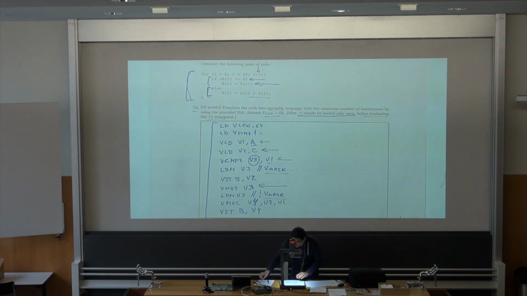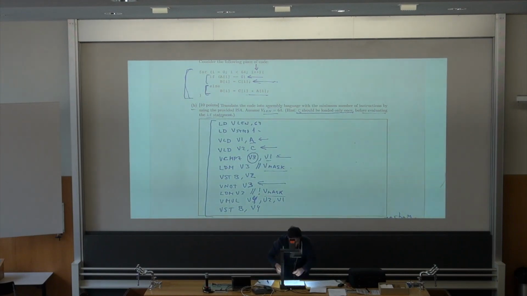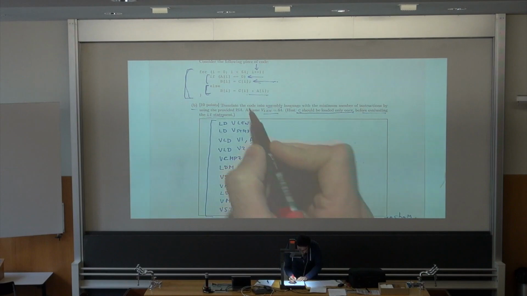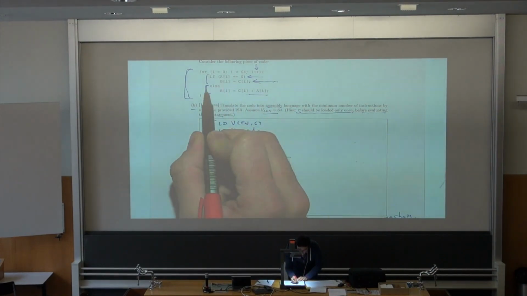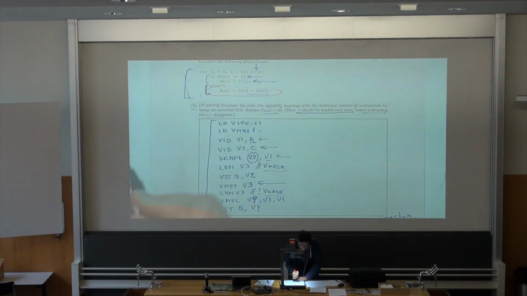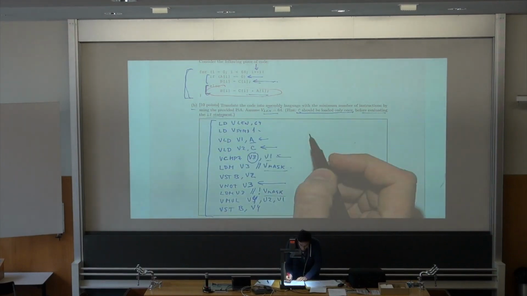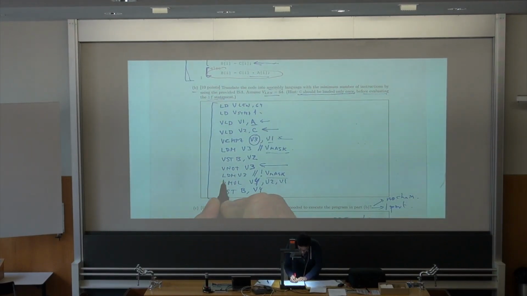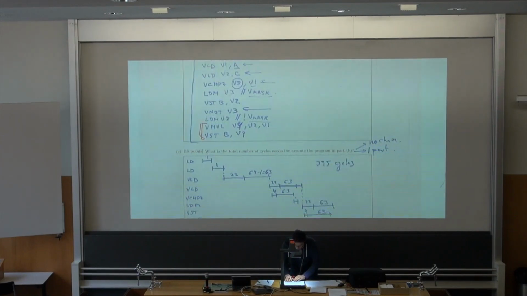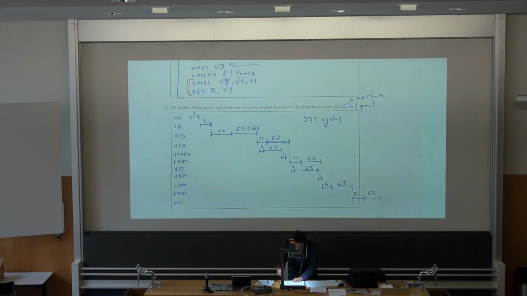The minimum number of cycles will be obtained, if you see this code, when we avoid the execution of these two instructions here, that actually are the vector mul and the vector store. So if we go back to part C, where we calculated these 395 cycles, we will be saving this amount of cycles.